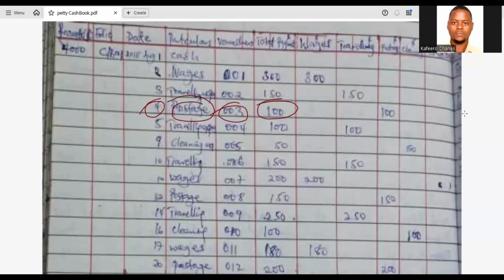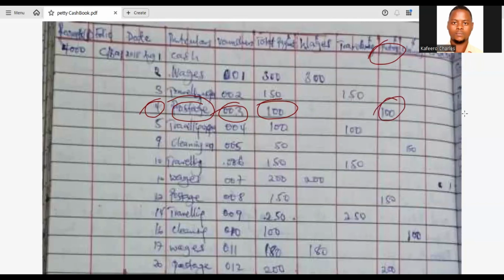But that is under a new category for postage, because we can't put that 100 under wages or traveling columns. We have to create another column called postage. Once that is done, we include that same amount on the same line, on the same date.